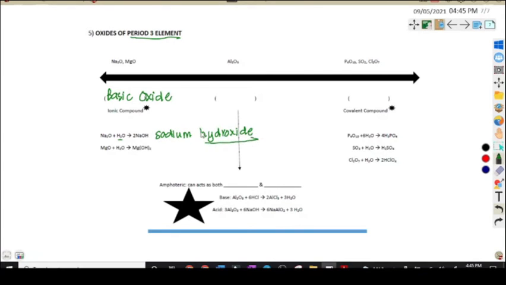This hydroxide, which is OH minus, exists as a base. So sodium and magnesium will form basic oxides. Aluminium would form an amphoteric oxide. What does amphoteric mean? It can act as both acid and base.